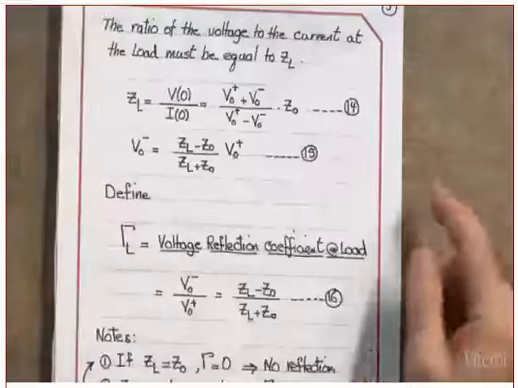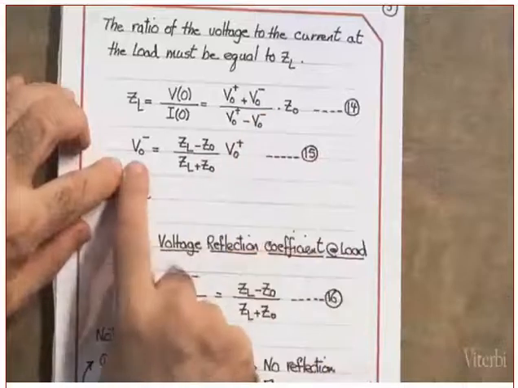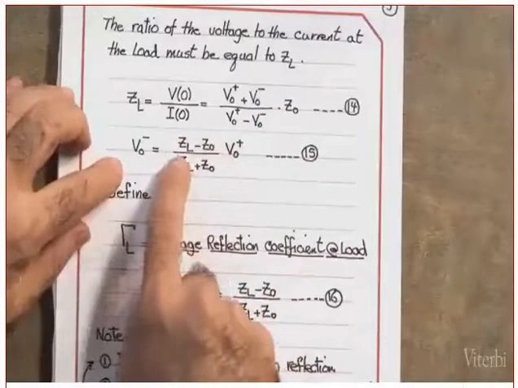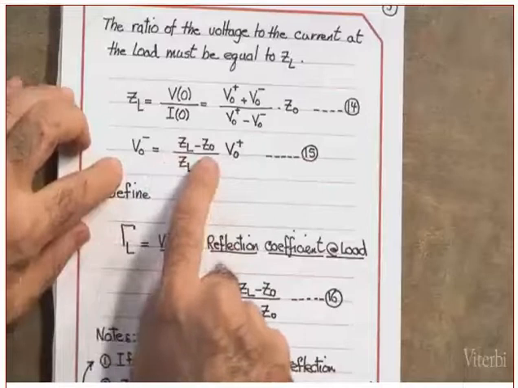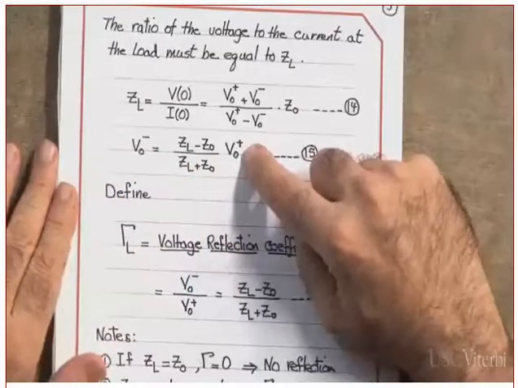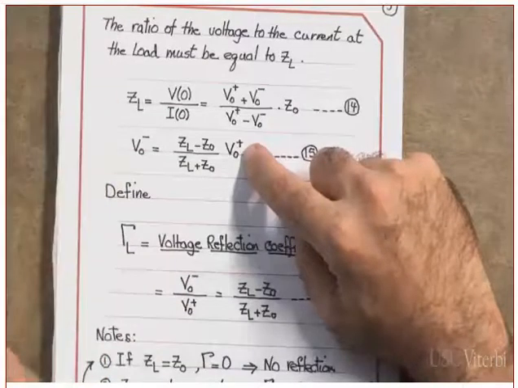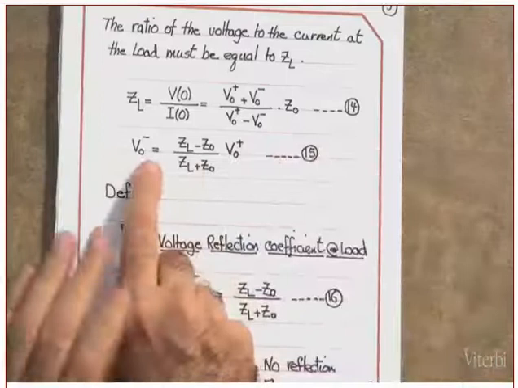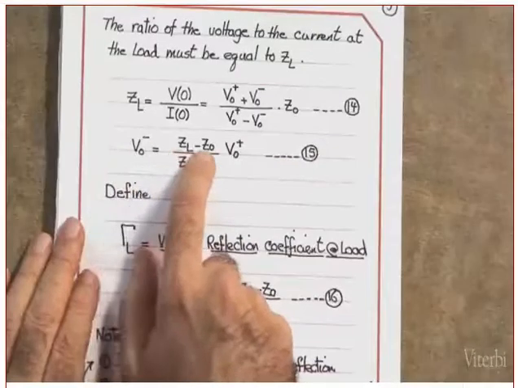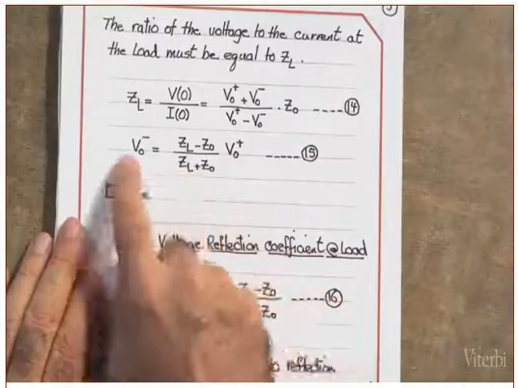From this equation, I find that V0 minus is equal to ZL minus Z naught over ZL plus Z naught, times V0 plus. Incident voltage is V0 plus, and reflected voltage is V0 minus.